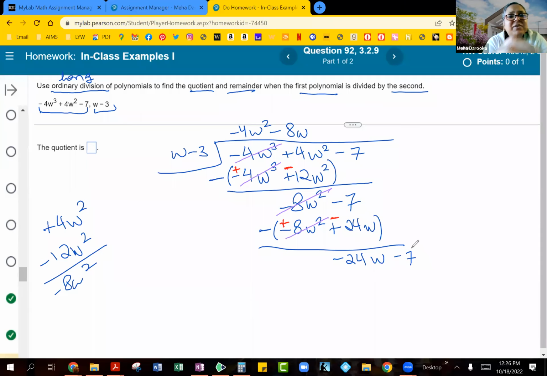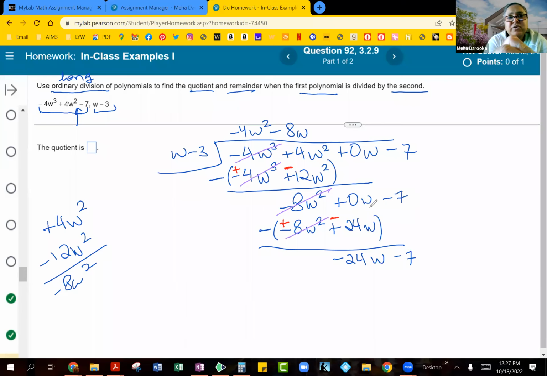So it may have actually been a good idea, and I didn't think about this before, to put a placeholder and just put a 0w in there to mark that missing spot, and then move the negative 7 at the end, because 0 times anything is 0, but then it doesn't mess up your positioning. So that might be a better idea, to go ahead and put a 0w here and then move the negative 7.